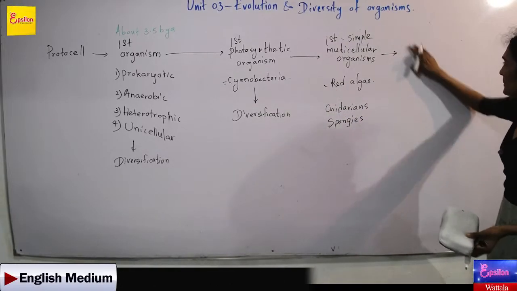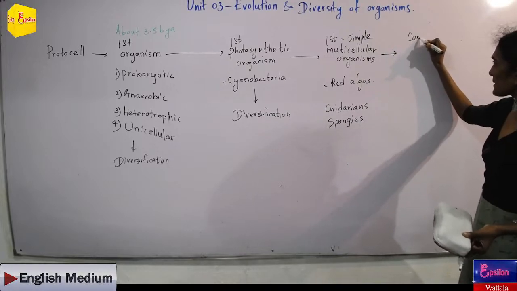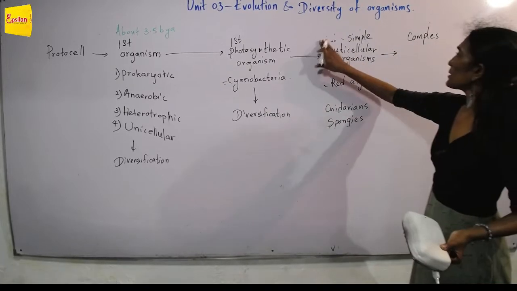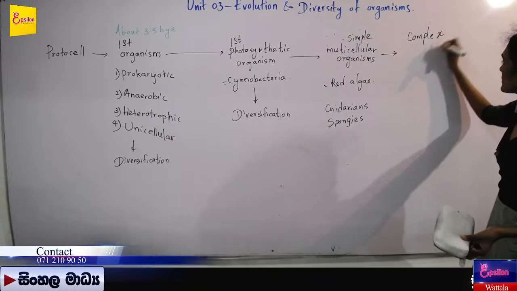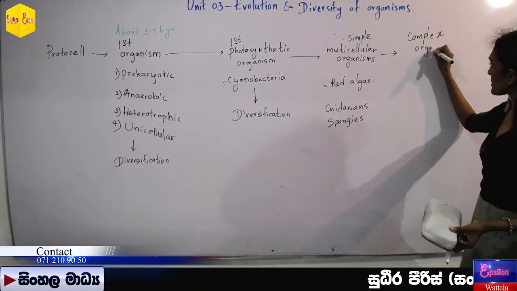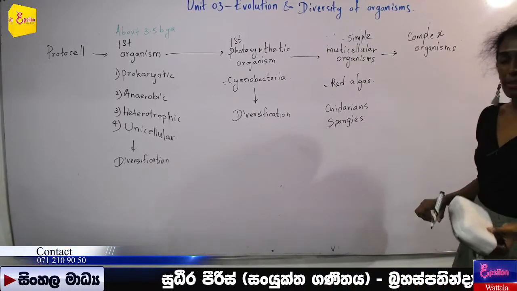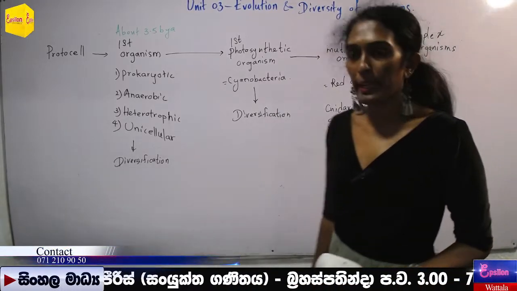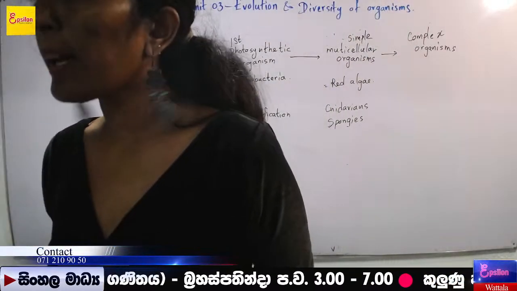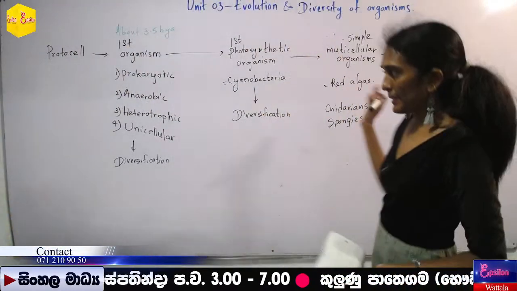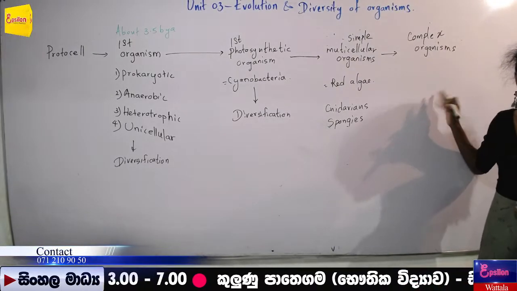Then thereafter, complex organisms, right? Maybe cone-bearing plants, seeded vascular plants, and then angiosperms.